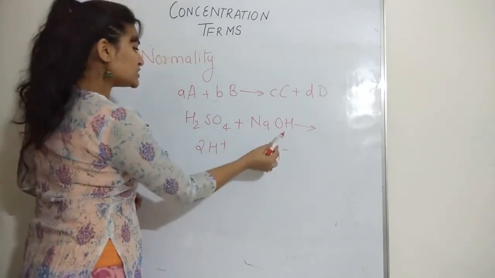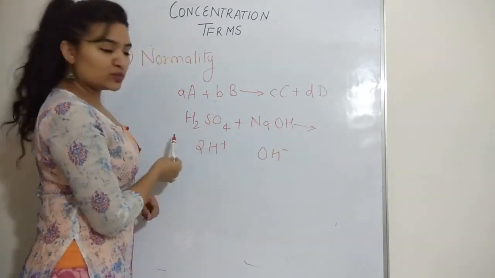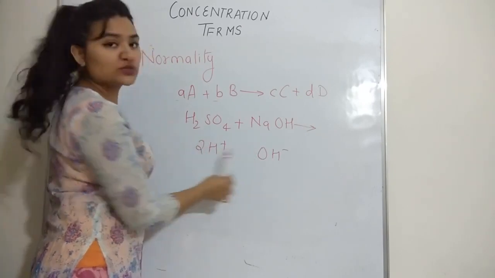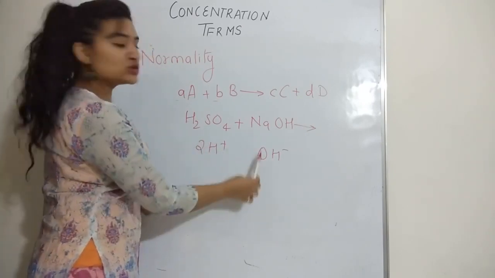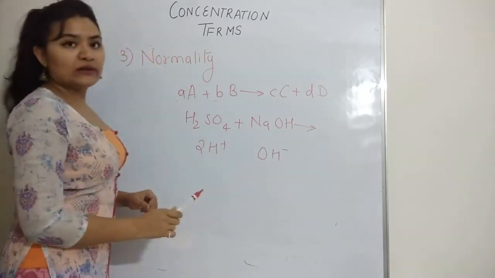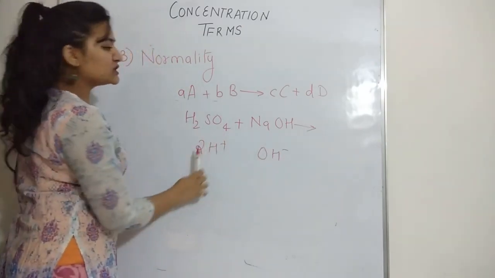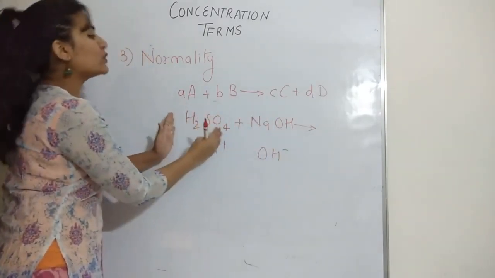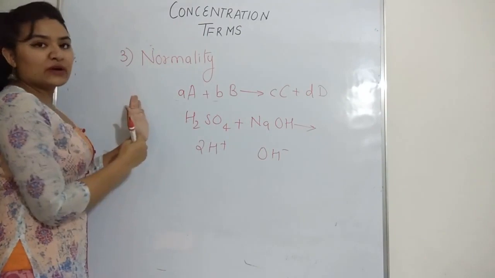These OH minus will be replacing these H plus. How many OH minus will be required? There will be 2 OH minus required. Now these two are going to be equal. That means the equivalents of these two are equal. An equal amount of NaOH will displace an equal amount of H plus from H2SO4.